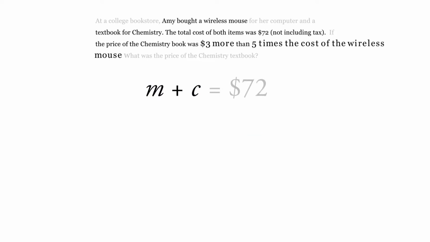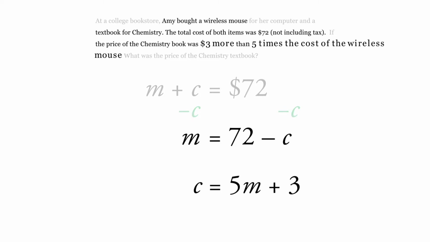So M plus C equals 72, and I'm going to subtract C from both sides, and I wind up with M equals 72 minus C. And I can put that in the second equation. So when I see an M in the second equation, I can just replace it with 72 minus C. I now know that. So I have C equals 5M plus 3.